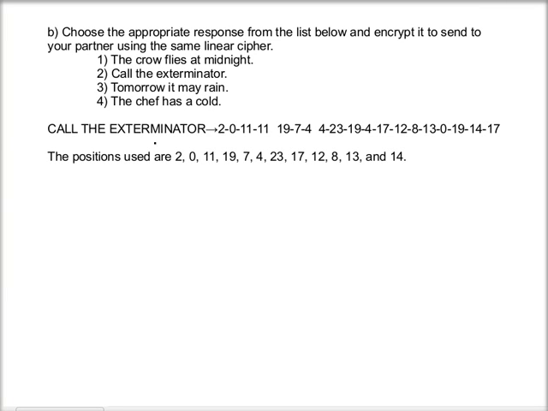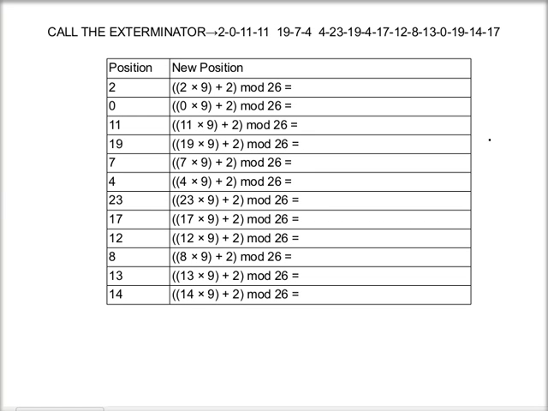So on this slide, I've listed my numbers that are used in my message here. And then I need to go through, and for each position that's used, I put it in this chart. And this is the calculation to get the new position that will give me my encoded message. So let's go ahead and go through this and fill it in.